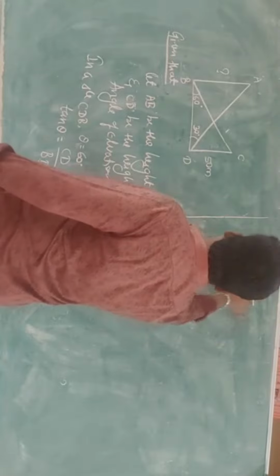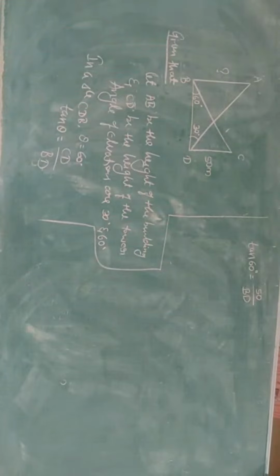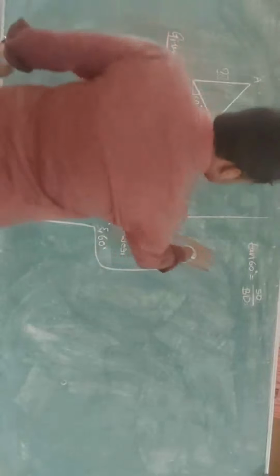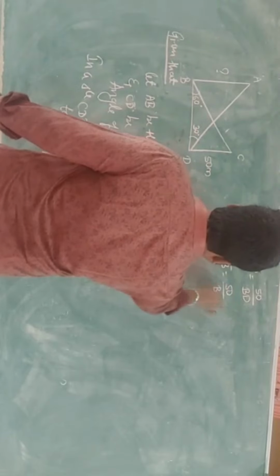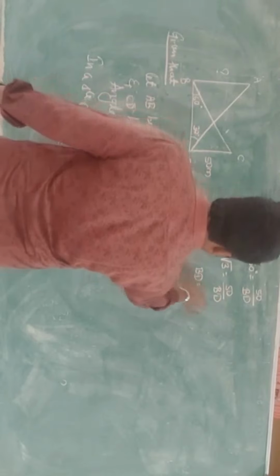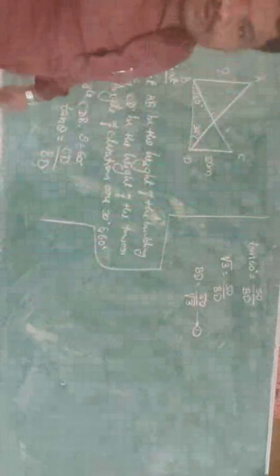Tan 60 degrees is root 3. So root 3 is equal to 50 upon BD. So BD is equal to 50 upon root 3. Call it equation number 1.